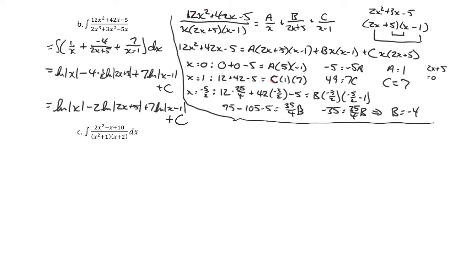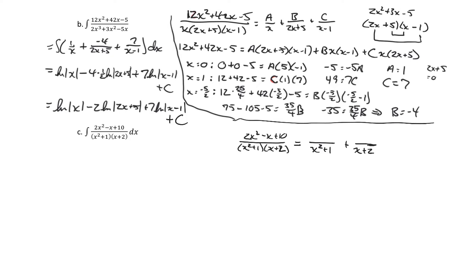So I know that 2x squared minus x plus 10 divided by x squared plus 1 times x plus 2 is going to be equal to one term which will have an x squared plus 1 in the denominator, and a second term that will have an x plus 2 in the denominator.